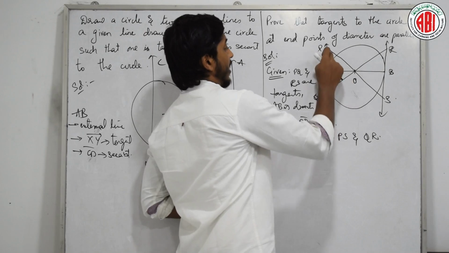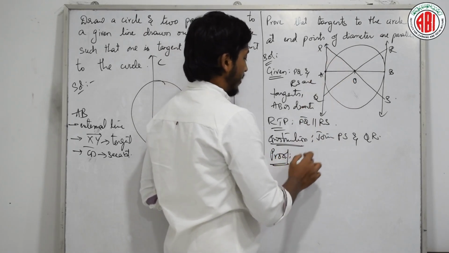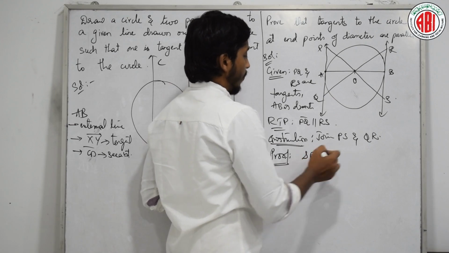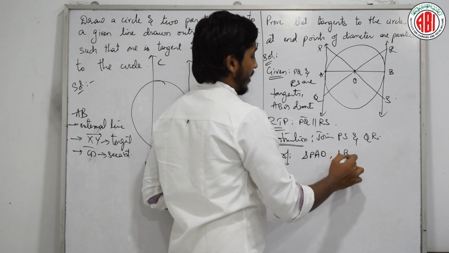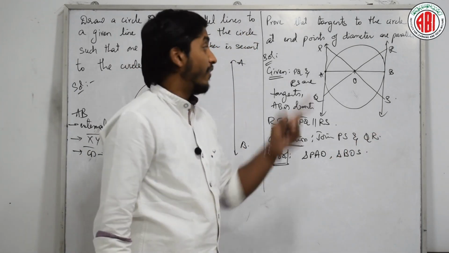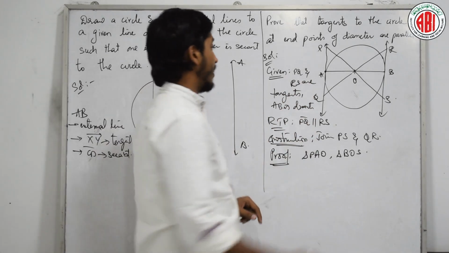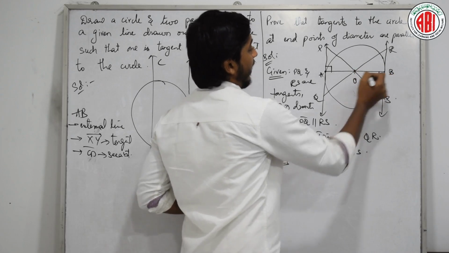Let us take this triangle PAO. In order to find the proof, consider triangle PAO and triangle BOS. Okay? What is the rule? Whenever I see the tangent, I should remember that this tangent is always perpendicular to my radius.